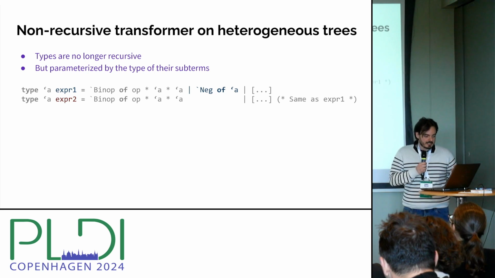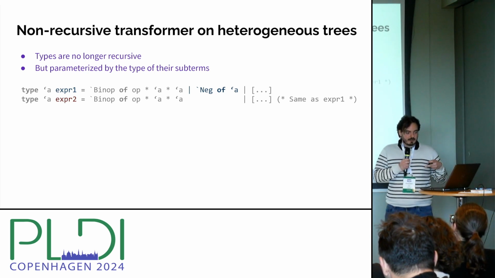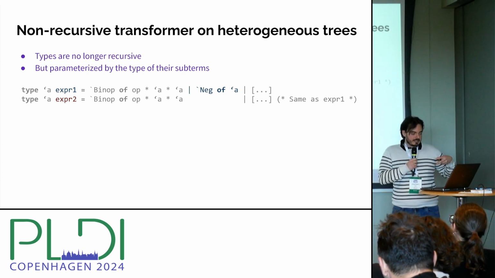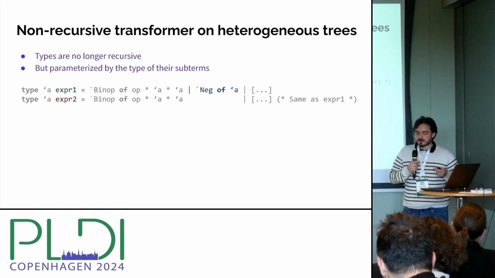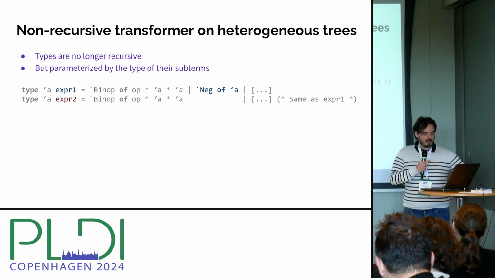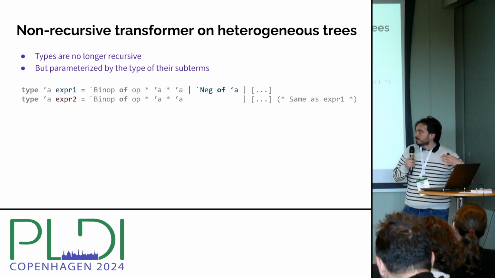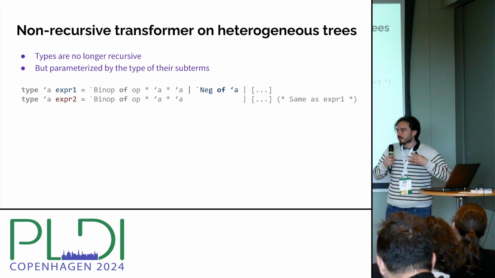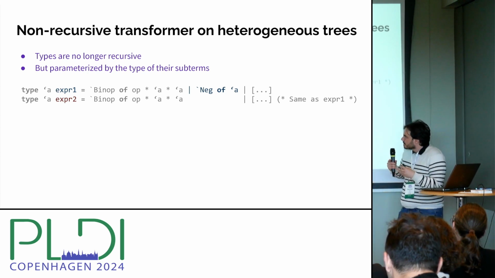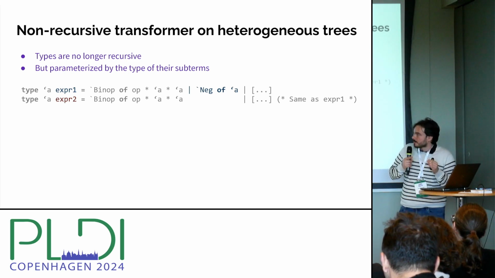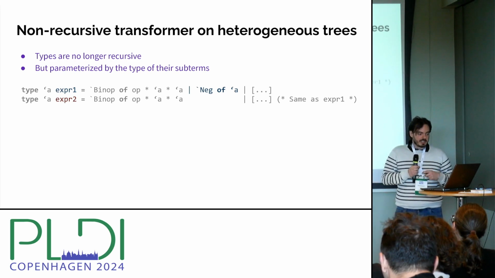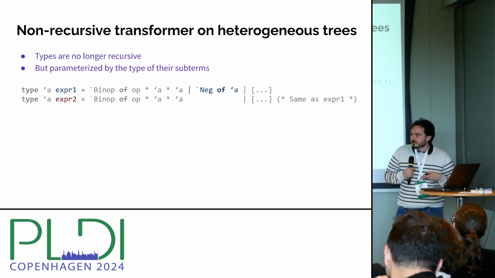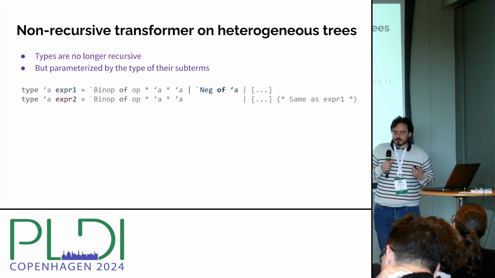What is important is that one is a subset of the other, now that we removed this recursiveness. Because if we had expr2 that had expr1 inside, it wouldn't be compatible. But now it is, because expr2 is strictly a subset of expr1, so both are compatible. And we can now have a type for the inner nodes and a different type for the outer node.